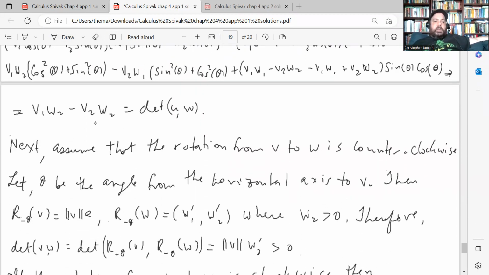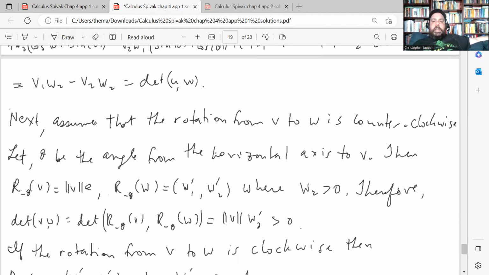Next we assume that the rotation from V to W is counterclockwise, meaning that W is in the positive direction of rotation from V. Remember, for angles, the convention is that we consider that the positive angle.